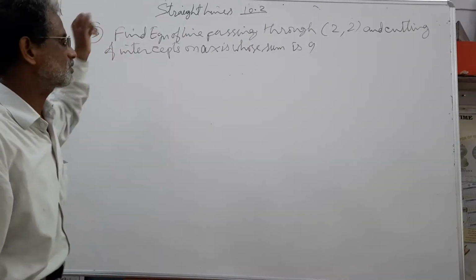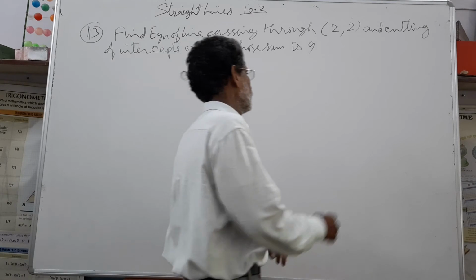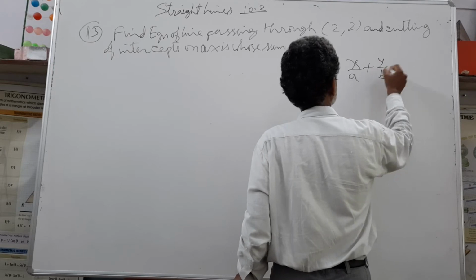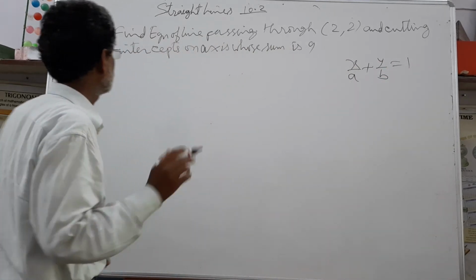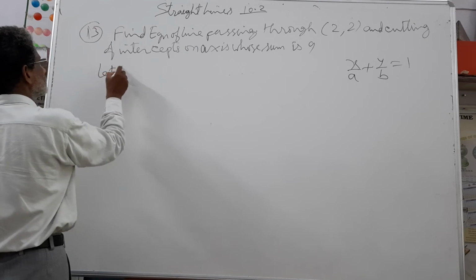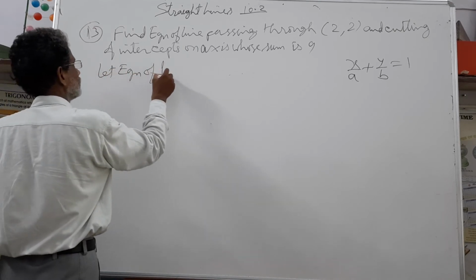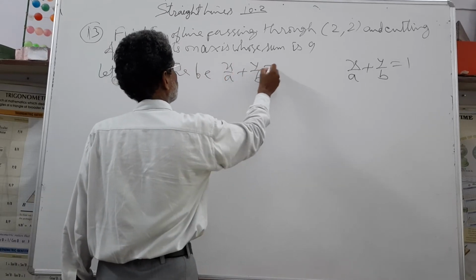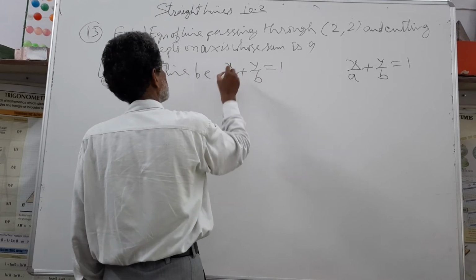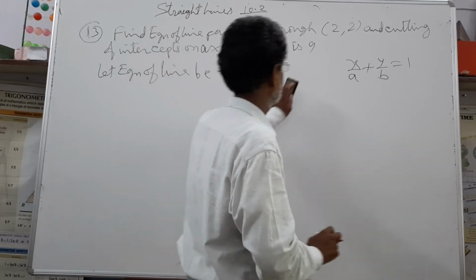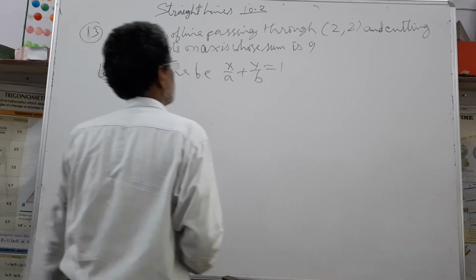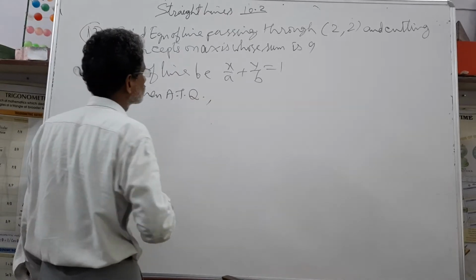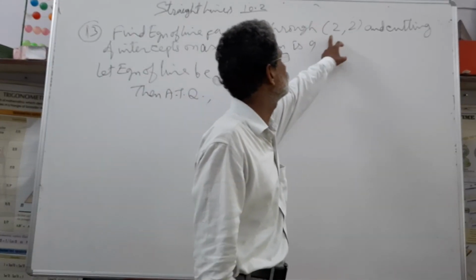Now this question arises from intercept form, and as you know, intercept form of equation of line is x upon a plus y upon b equal to 1. So therefore, let equation of line be x upon a plus y upon b equal to 1, where a is x intercept, b is y intercept. Then, according to question, this line passes through 2, 2.